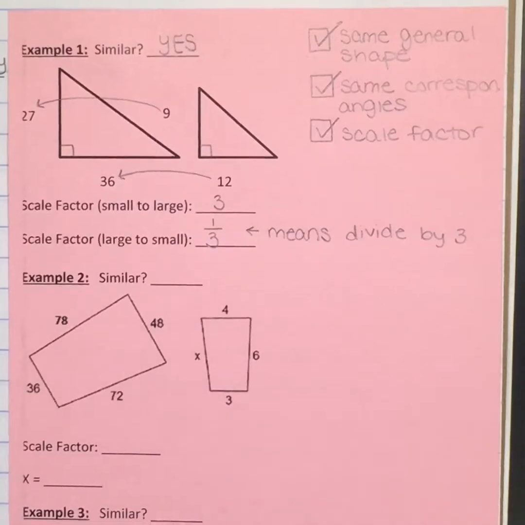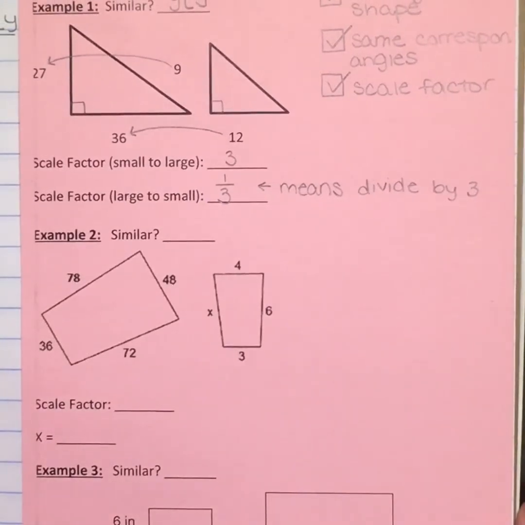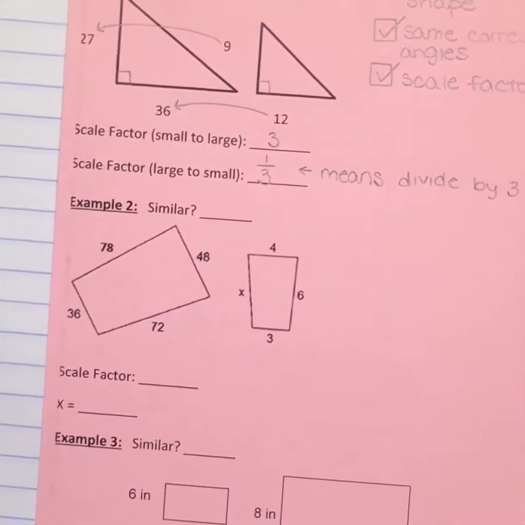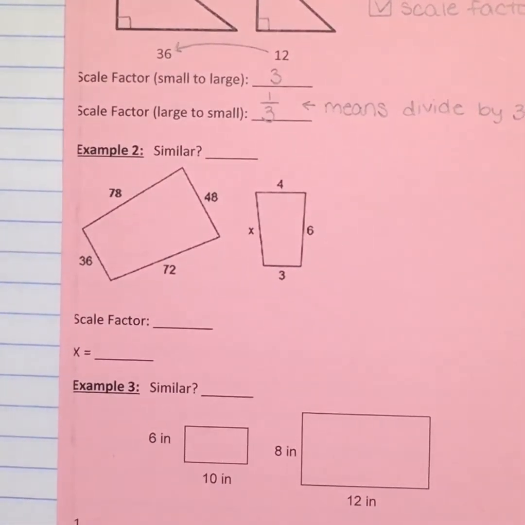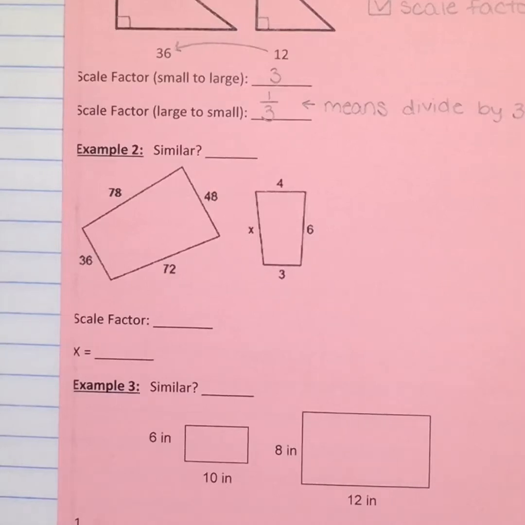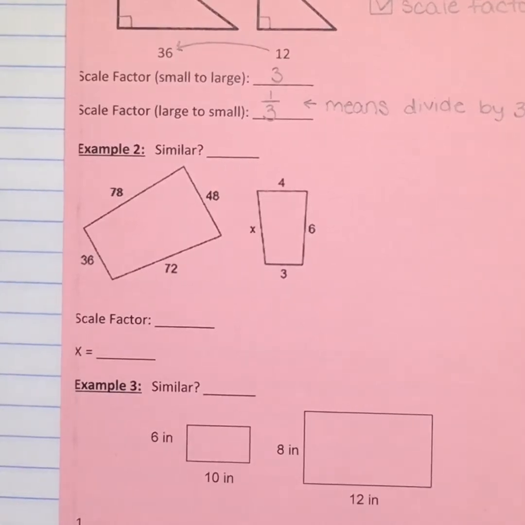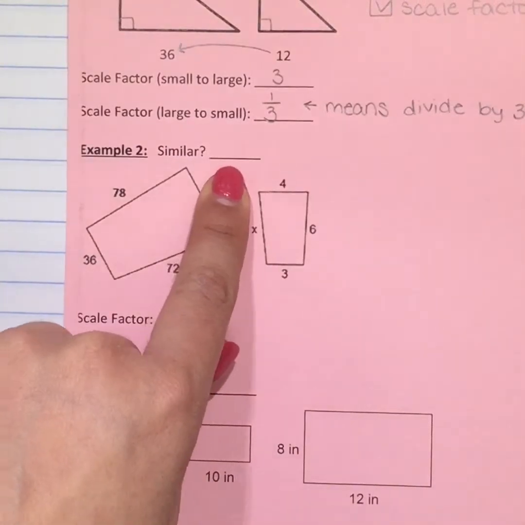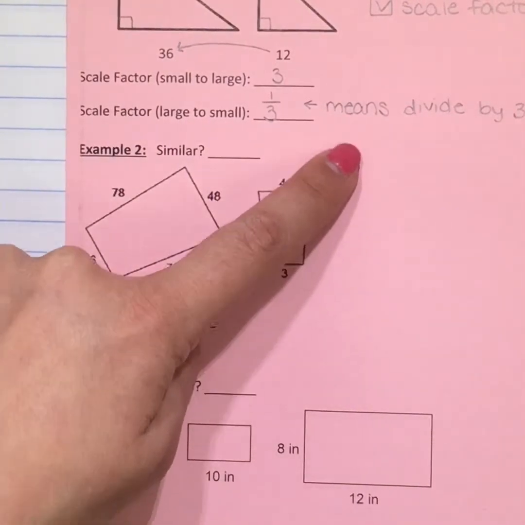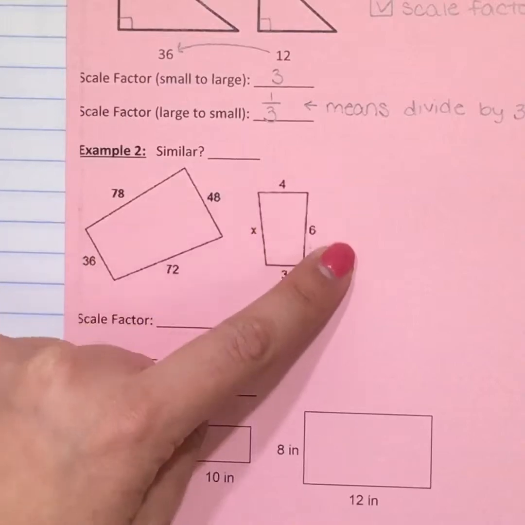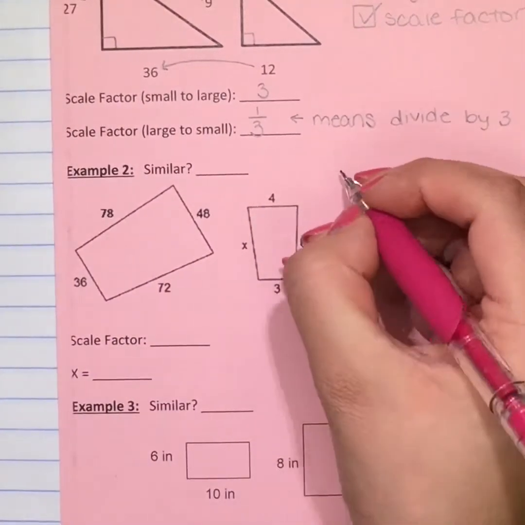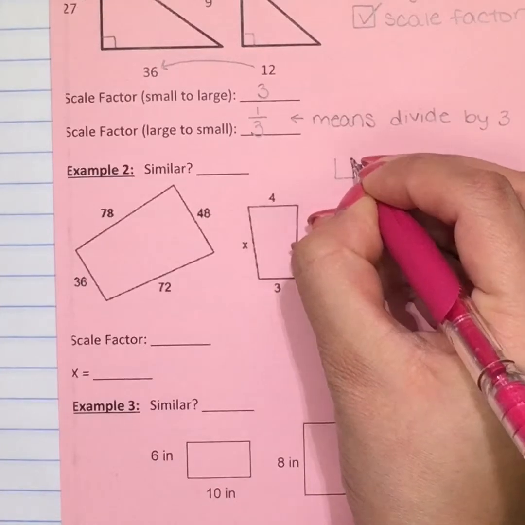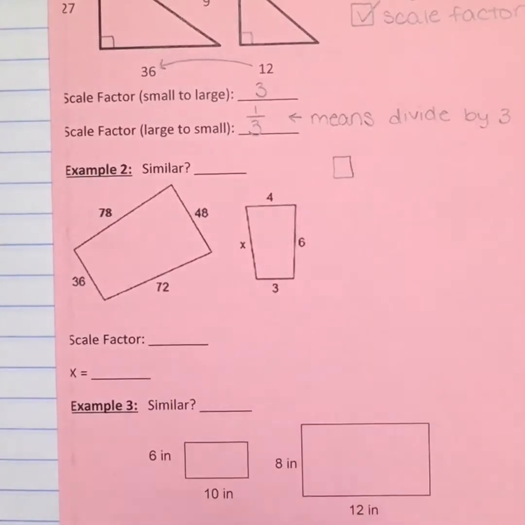Okay, let's look at example number 2. So it's asking us again if they're similar. Well, we're going to have an answer here, yes or no, but what is your explanation going to look like? Ooh, very nice. Those 3 items, that little checklist, every single time, because these are the 3 things we're looking for.